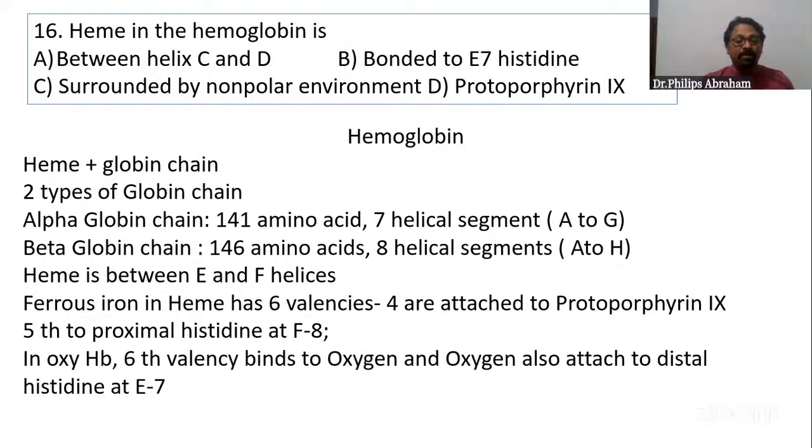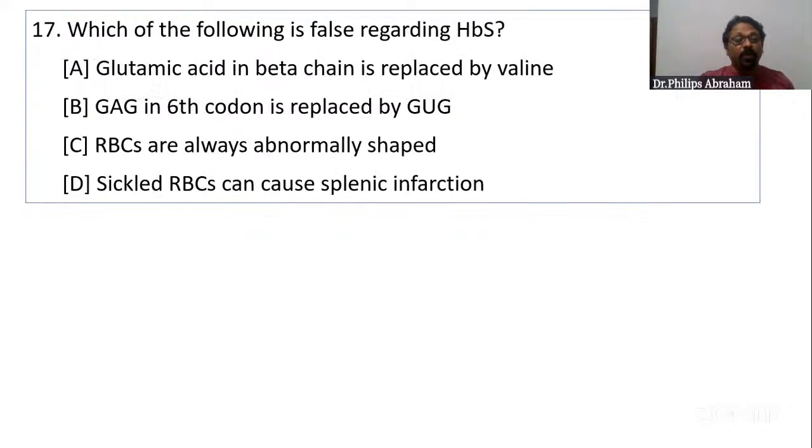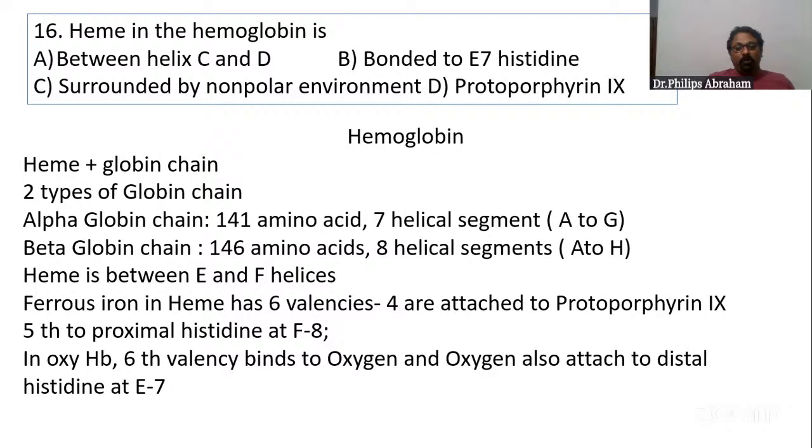And the sixth one, in oxyhemoglobin, the sixth valency of the ferrous ion is attached to an oxygen atom. The oxygen atom is then also attached to the distal histidine of E7. So the heme is present between the E and F helices. Now I hope almost all the answers are here. Hemoglobin with protoporphyrin 9. That should be the answer now. I hope the answer is okay now.